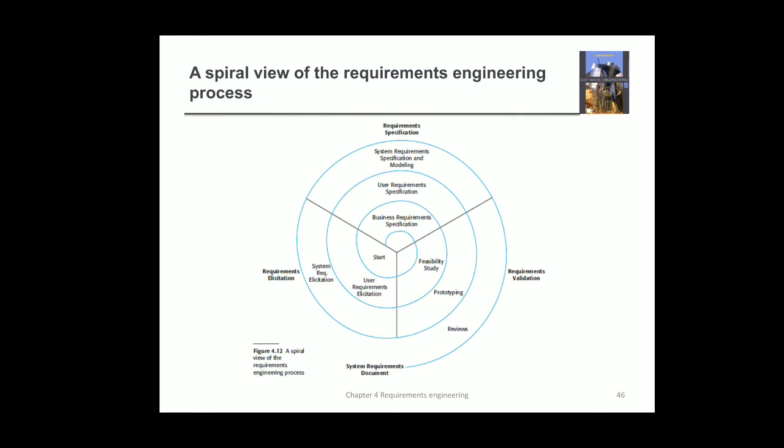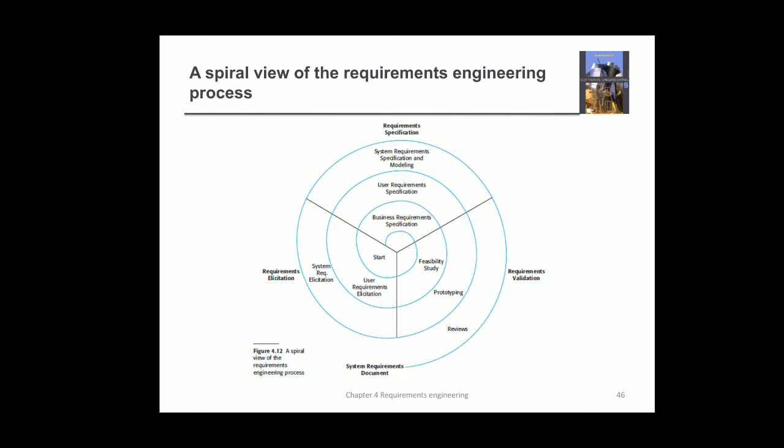This is regarding the spiral wheel of the requirements engineering process. We will start from the inner loop, which is the start phase. In the inner loop, we check the business requirement specification. Here we look into what kind of application we are going to develop, and whether it is going to benefit us or the customer who is requesting it. That is the business requirement specification.